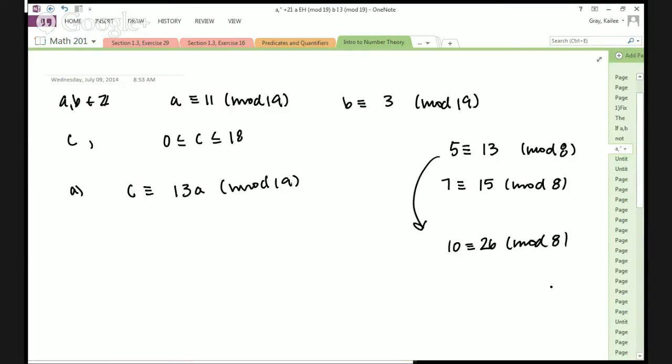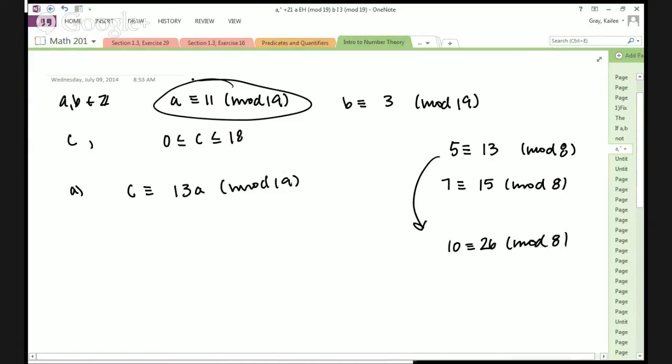Okay, so C is congruent to 13 times A mod 19, okay? I know A is congruent to 11 mod 19, so it's okay to substitute. If you know something is equivalent under the specific mod, right? We've got to be under mod 19.